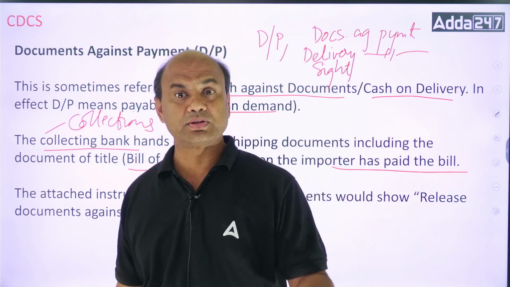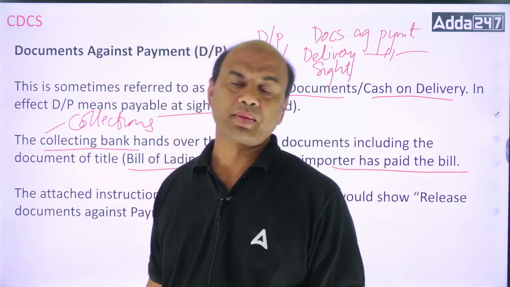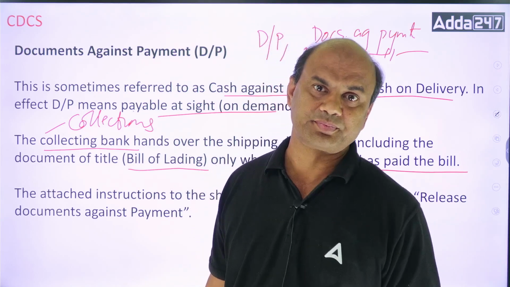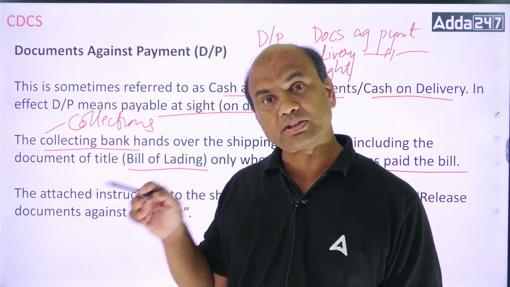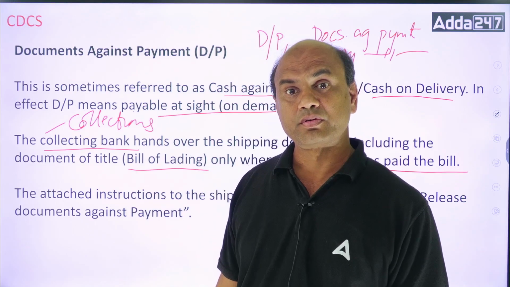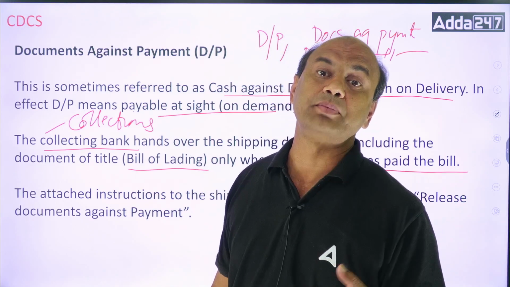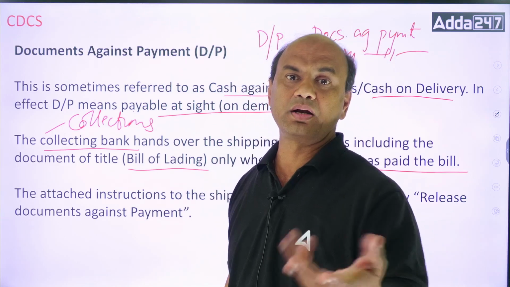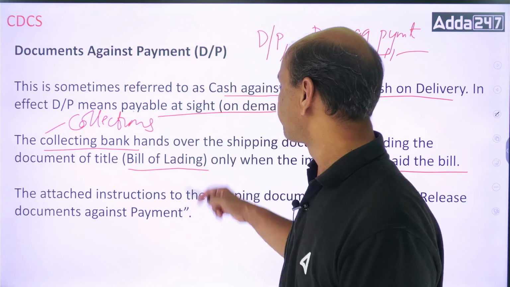Of course, it should be negotiable, blank endorsed or endorsed in the name of that person. Then that person can go to the shipping company and get the goods. It's like a bearer cheque, where anyone can go and withdraw the cash.